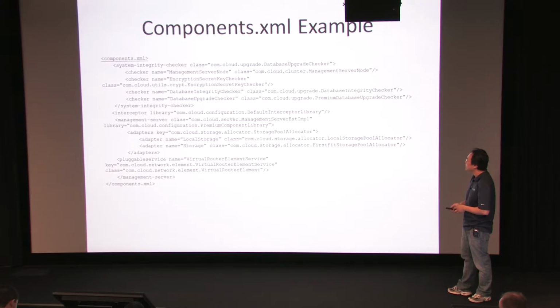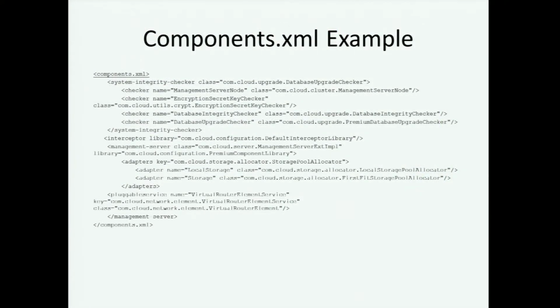So in this components.xml, there will be a set of adapters, for example, and this is for the storage pool adapter that says, well, to run CloudStack, we're going to run it with two different types of allocators for storage pool, and there's a bunch of other things, so that people can look at it and say, well, if I have no local storage, then I don't even want to deploy this adapter, or if I don't want first fit storage, I only want the user dispersing and storage pool allocators.